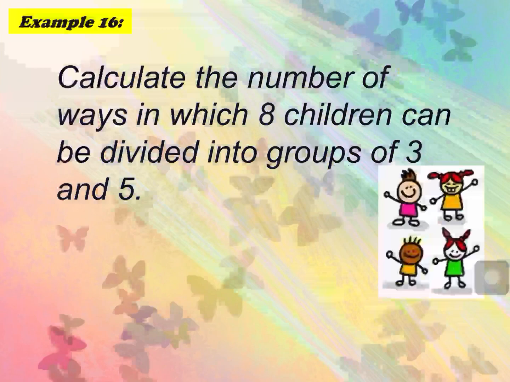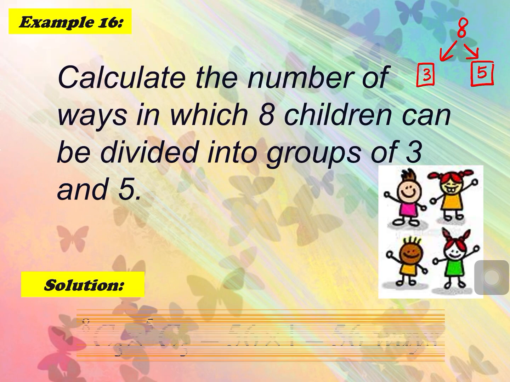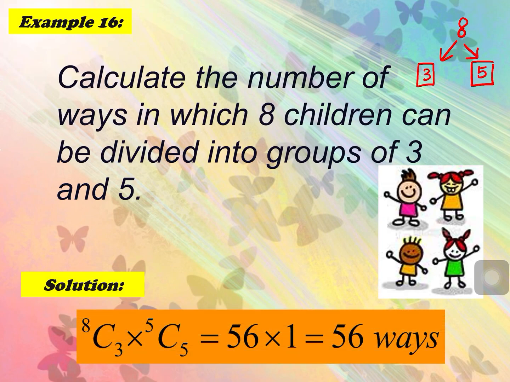Let's look at example 16. Calculate the number of ways in which 8 children can be divided into groups of 3 and 5. So from 8 children, we want to divide them into 2 groups. It's either they should be in a group of 3, or they should be in a group of 5.